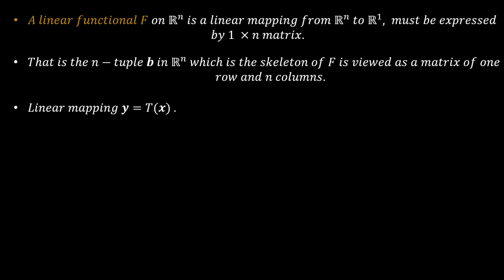So let's begin back from what we saw as a transformation from R to the n, in other words, an n tuple to an m tuple. So if we have a linear mapping Y, that's an m tuple that is transformed from an n tuple, that is a vector x consisting of n elements.